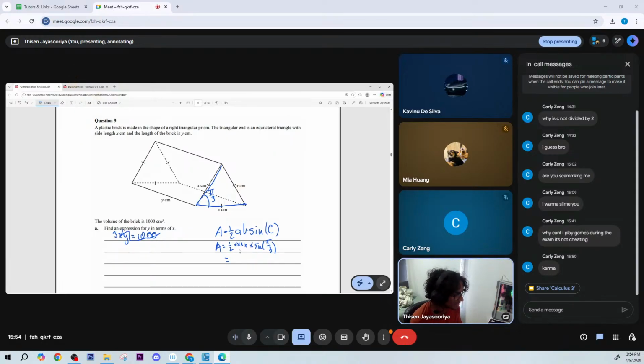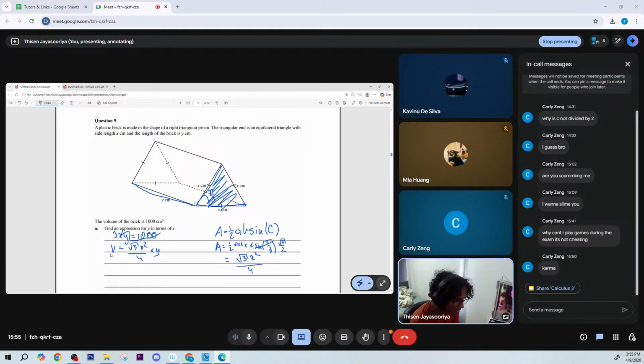So sine of pi on 3 is just root 3 on 2. So this just turns into root 3 over 2, so we get root 3 x squared over 4, right? Then the volume of this is just going to be the face times the length, which is the volume equals root 3 x squared over 4 times y.